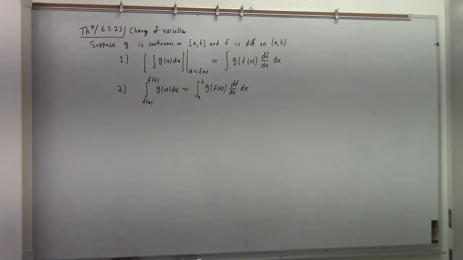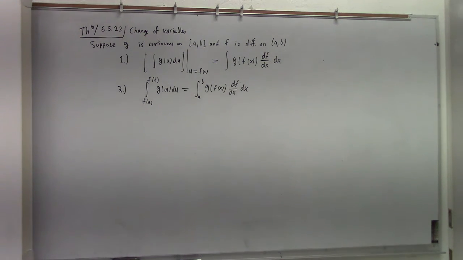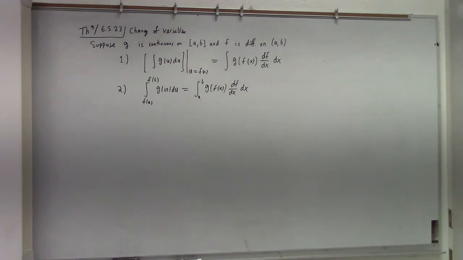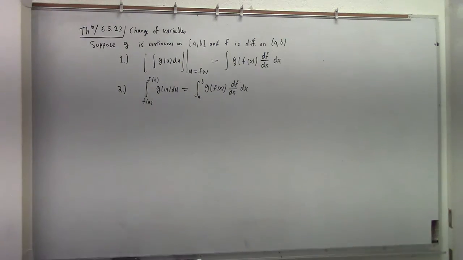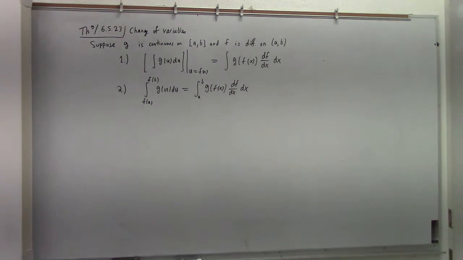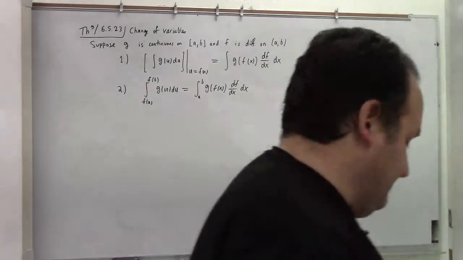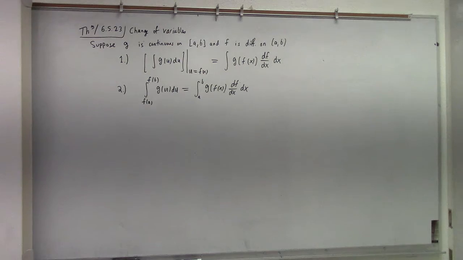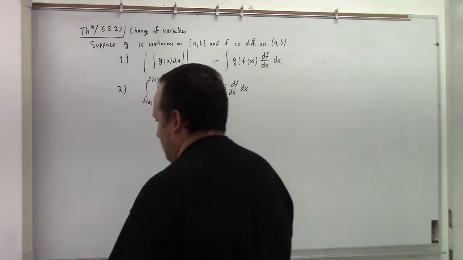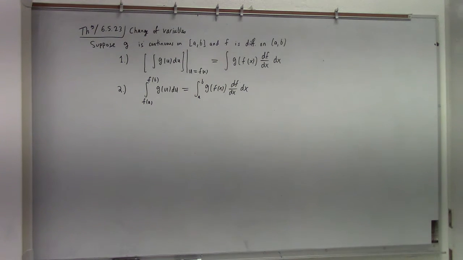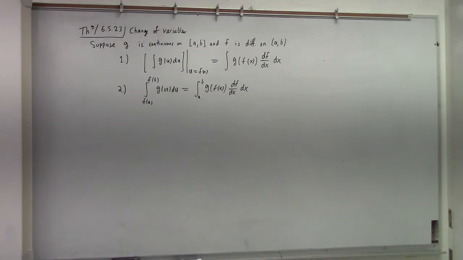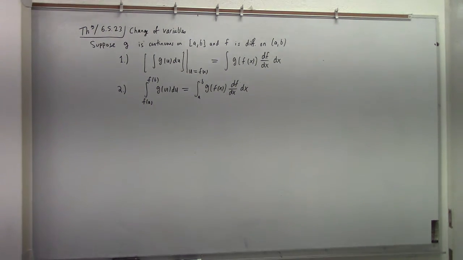And so the substitution here is u equals f of x, right? That I've not written yet, and I should. I'll get that out of your way. So here the substitution in play is, again, like I said, u equals f of x.